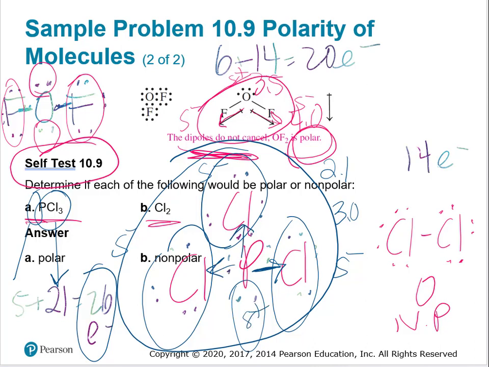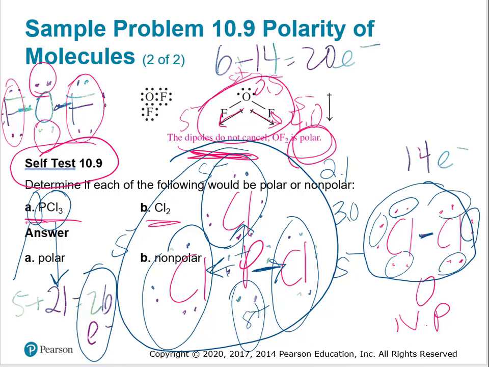So 3 arrows showing those polar bonds. If I look at chlorine, Cl2, each chlorine has 7 times 2, so that would be 14 electrons. 1, 2, 3, 4, 5, 6, 7, 8, 9, 10, 11, 12, 13, 14. So there's a single bond between the two. Subtract 3.0 and 3.0, we get 0. That would be a nonpolar bond.